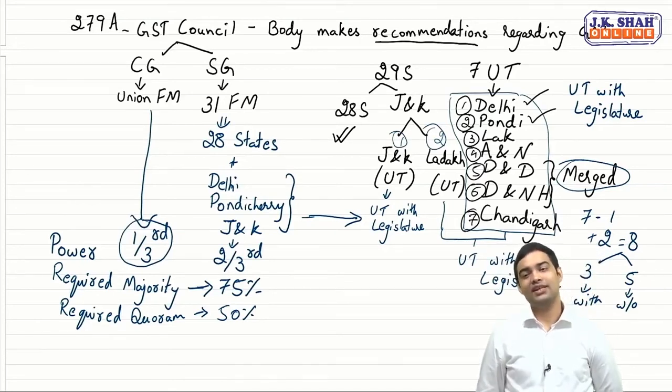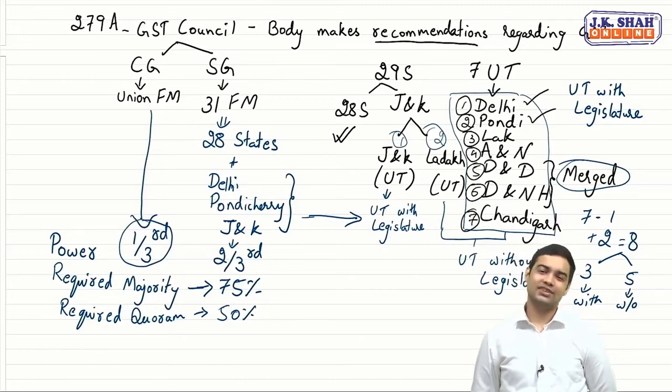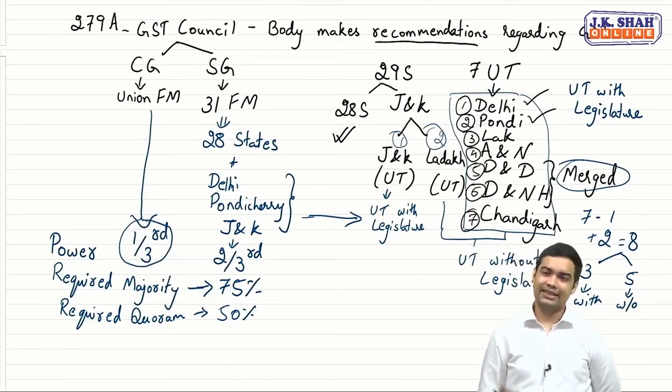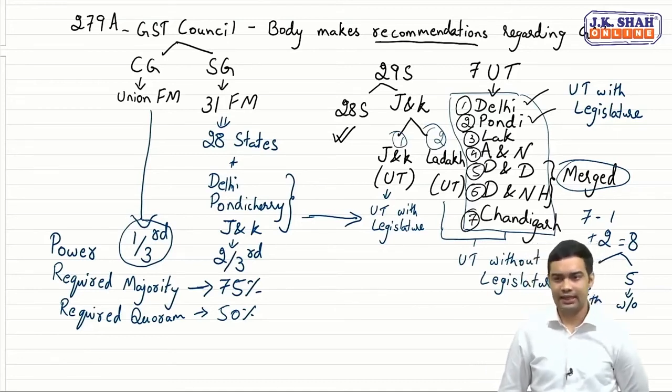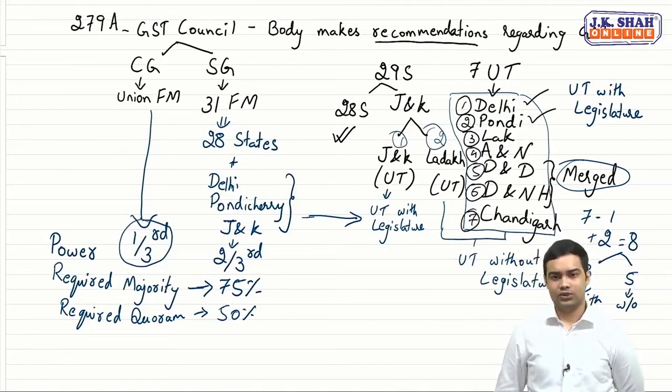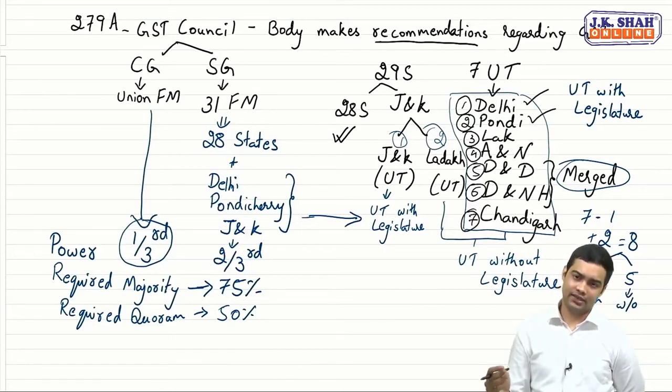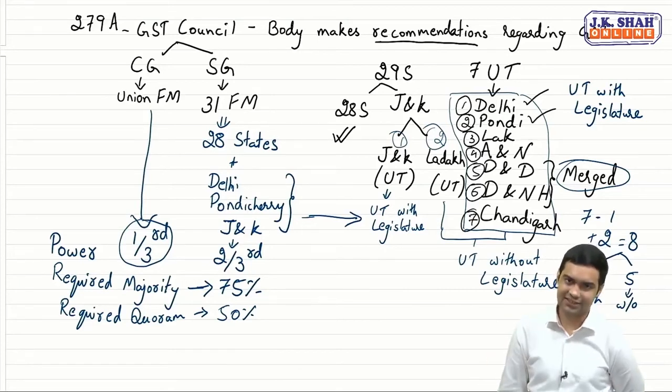One of the primary reasons behind this is most of the states today are ruled by the NDA, and that's why they'll easily be able to meet that 75%, and hence voting has not happened. All the decisions have been taken unanimously with regard to GST Council. So, to sum up, GST Council, recommendatory body, central government and state government come together in a GST Council.